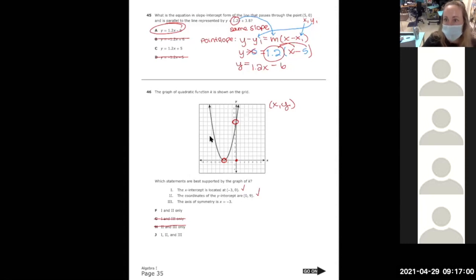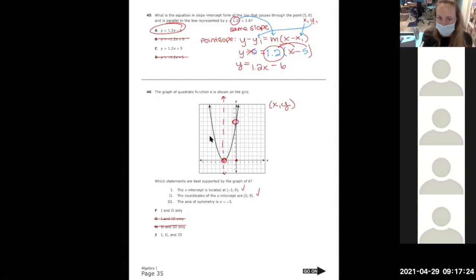Now, the axis of symmetry is something that we were not able to cover during class this year. The axis of symmetry is always x equals whatever the x value is. It's an invisible line that cuts our parabola in half. Think of symmetry as something that's symmetric. It's the same on both sides. And so it's a vertical line.